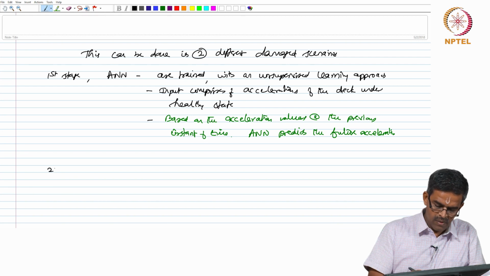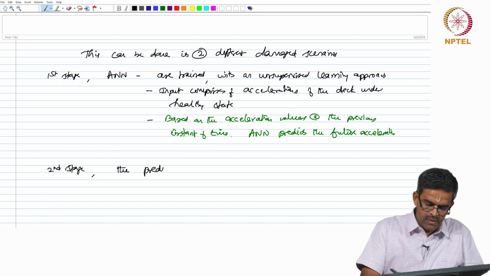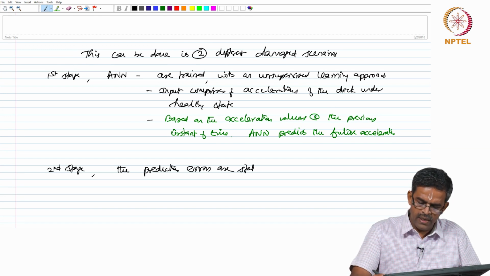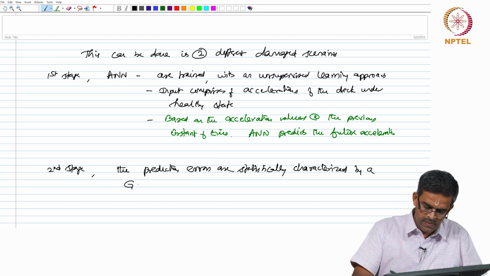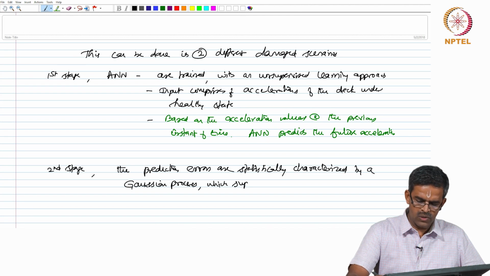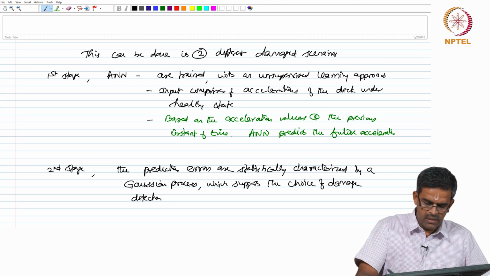In the second stage of the damage scenario, the prediction errors are statistically characterized by a Gaussian process, which supports the choice of damage detection decision from a known threshold value.